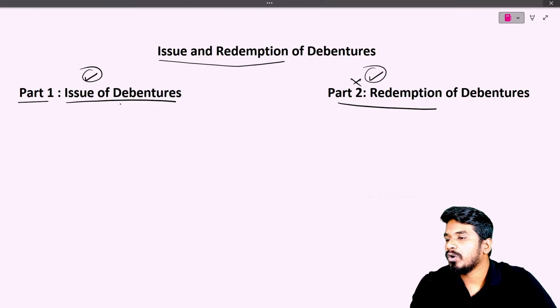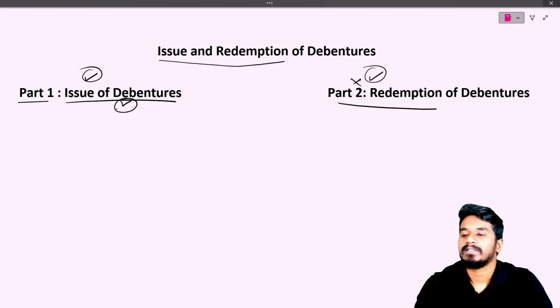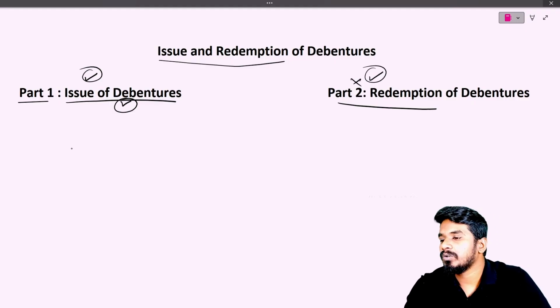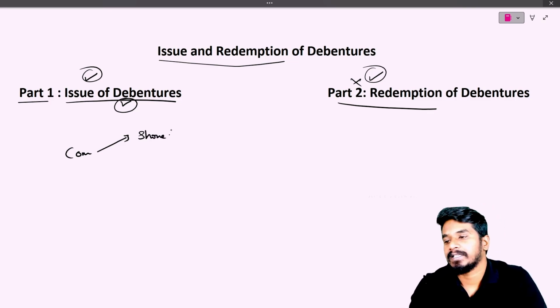To know what a debenture is, first we need to understand that shares and debentures are similar in terms of journal entries, not in terms of concept. Let us say a company issues shares.